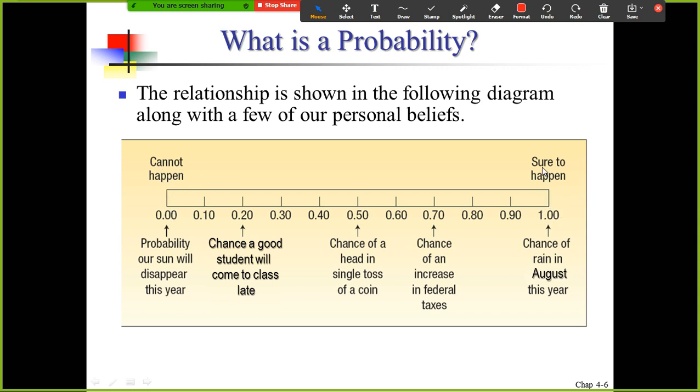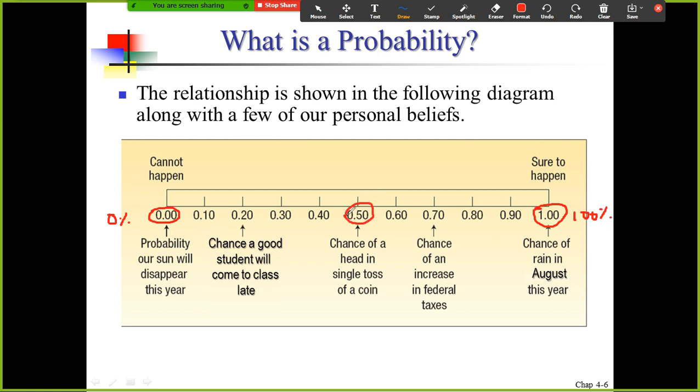Probability of something is 1, sure to happen or certain to happen. So you can see the diagram here. This is 0, this is 1. Or you can say this is 0%, this is 100%. This is 50%, half. So from 0 to 100%, cannot happen to certain to happen.